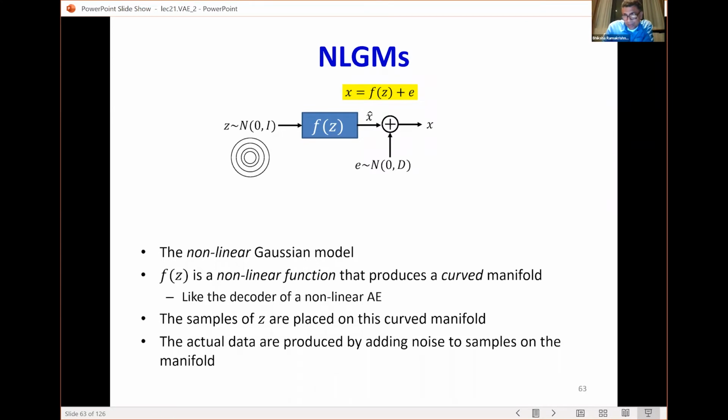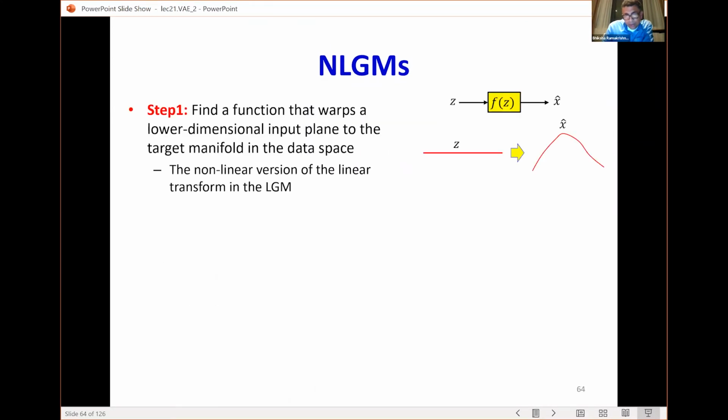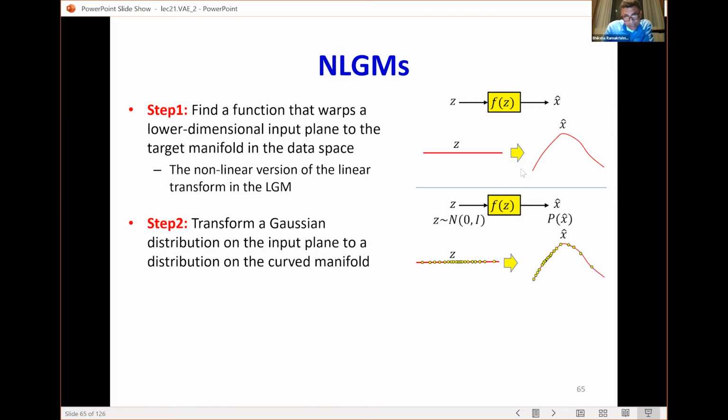Right. So here's how the NLGM models the data. Our first step, if you want to model a distribution using an NLGM, you want to find a function that warps a lower dimensional input plane into the target manifold in the data space. Basically, we want to transform a Gaussian on this lower dimensional linear plane into some distribution on this warped space.